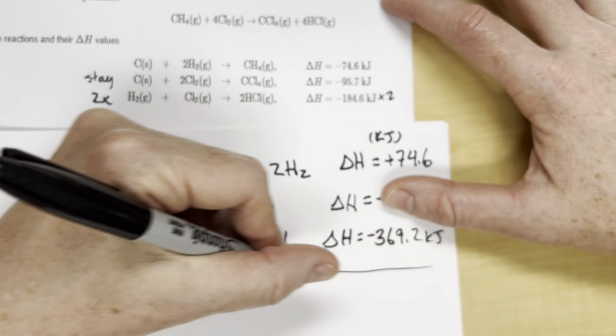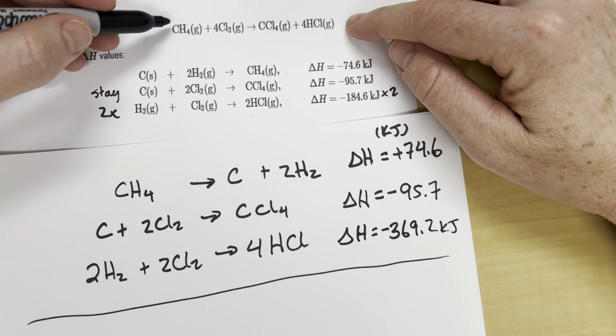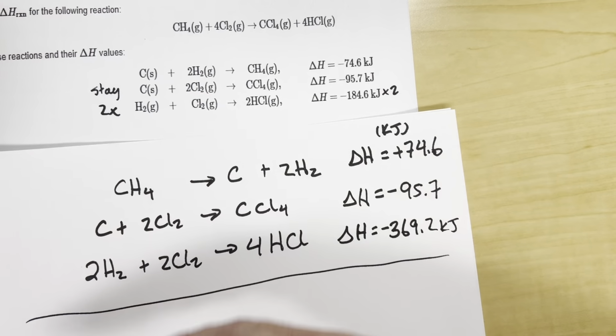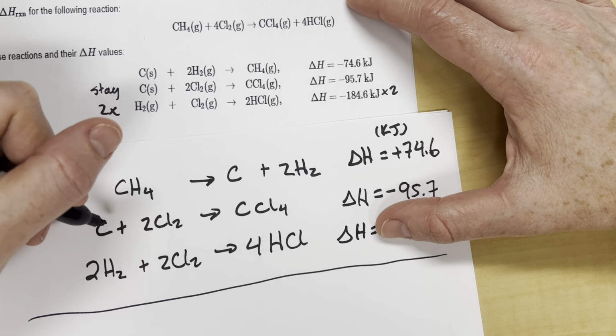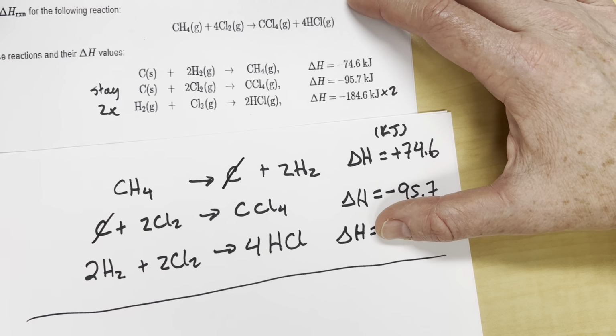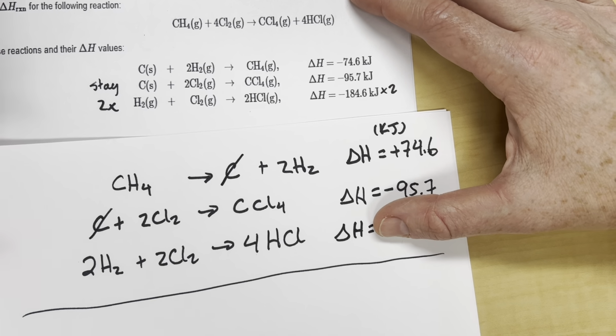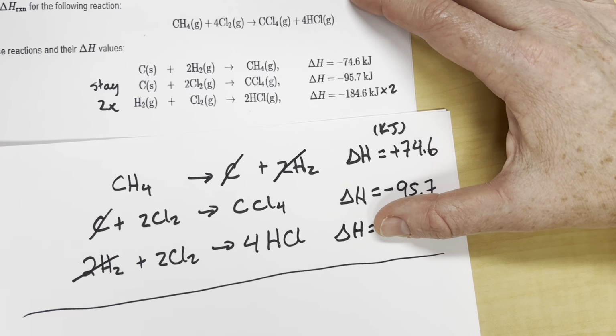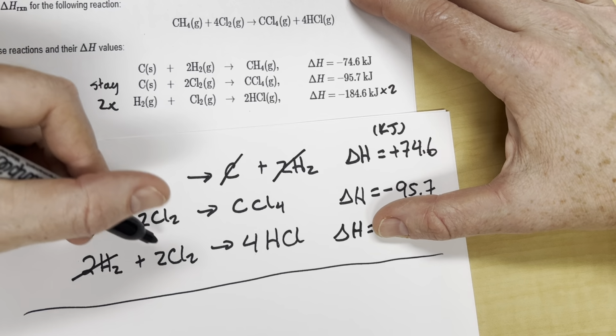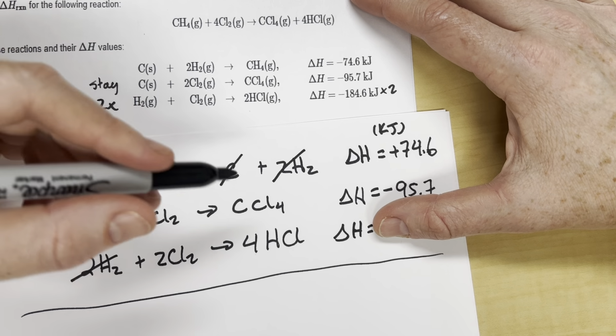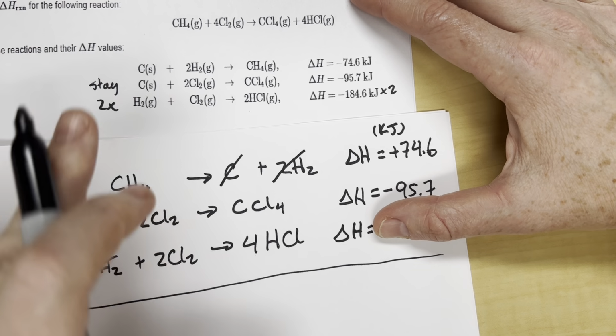Okay. Now let's make sure that all these things add up to give me this original reaction. Kind of looking at this, I see almost immediately the carbons cancel. So I can cancel anything out. I see 2 H2s cancel. And then I see these sum to 4 Cl2s, and then I have this and this left. So let's go ahead and write everything else that we have left.